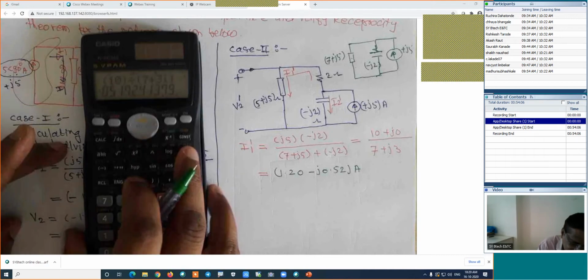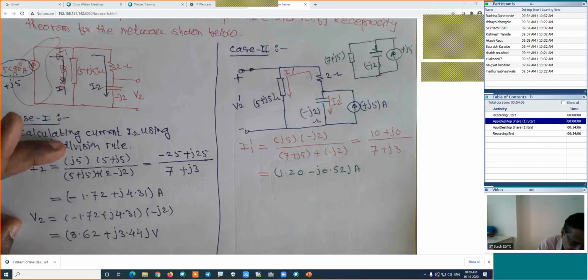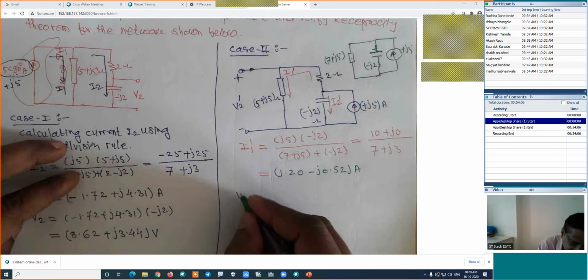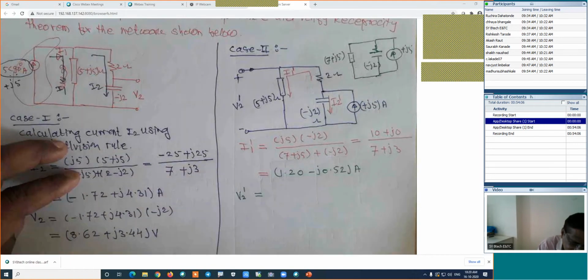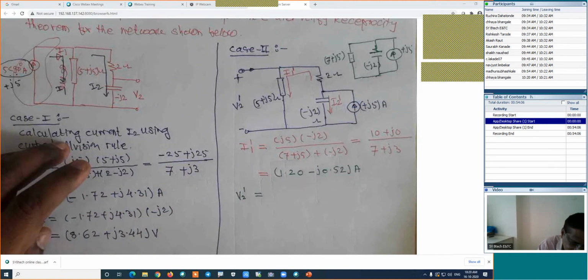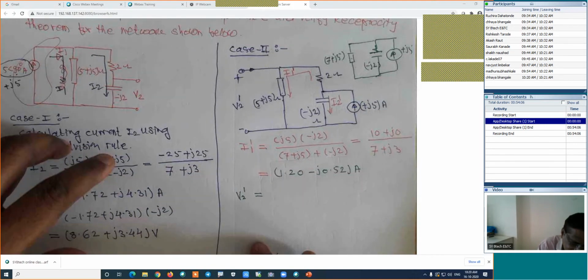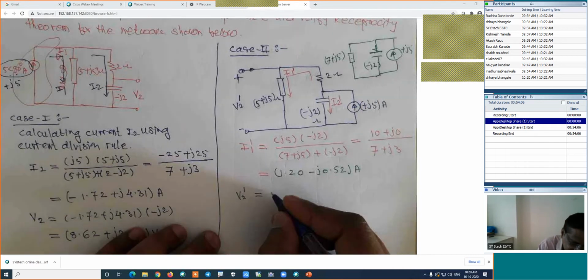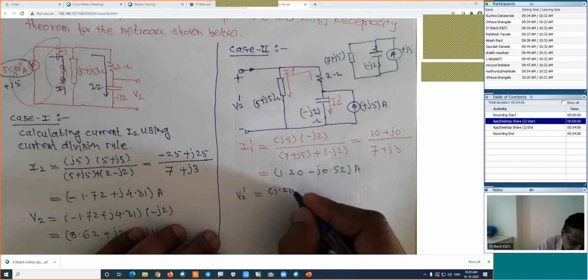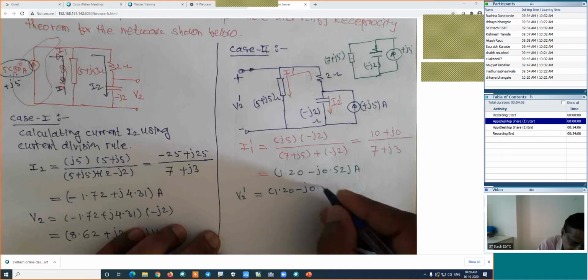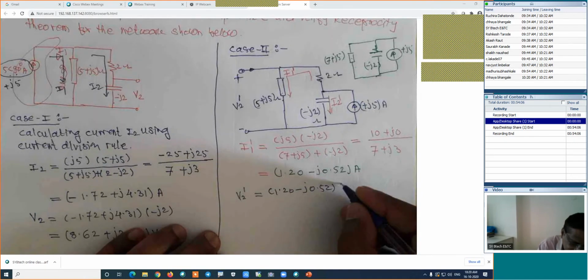Now, in this case, we have calculated V2 here. I will try to find out V2 dash. How is the V2 dash? Its current into its impedance. Its current is 1.20 minus j0.52, into its impedance, which will be 5 plus J5.